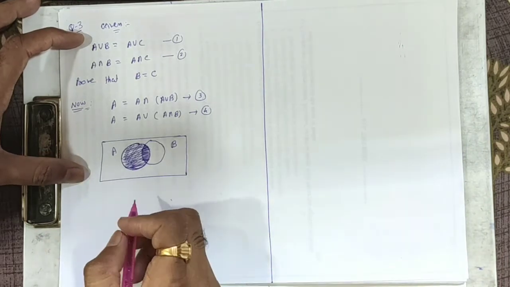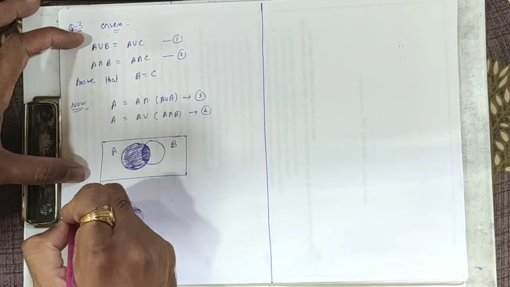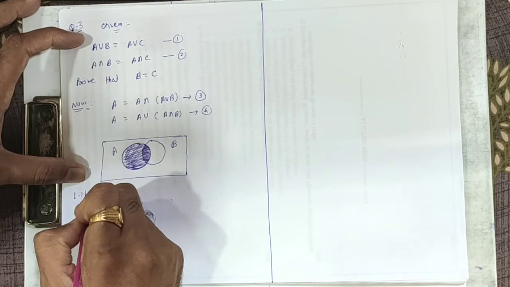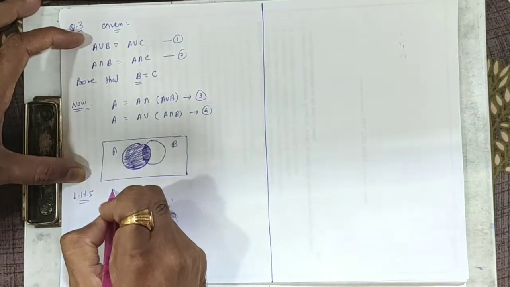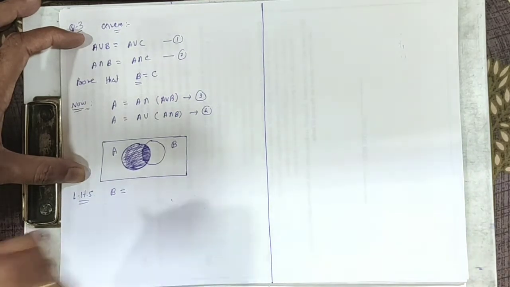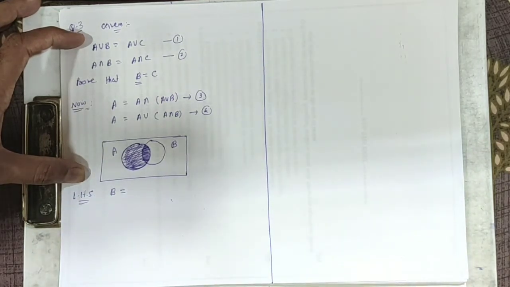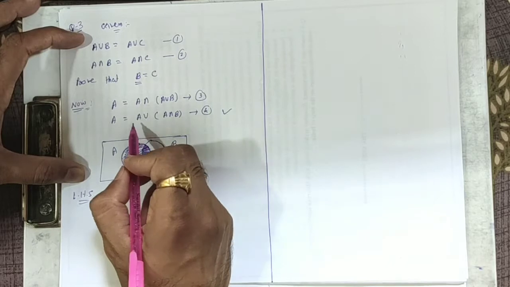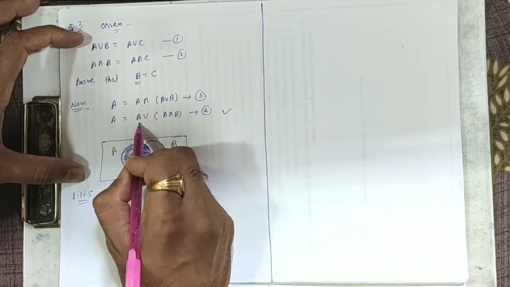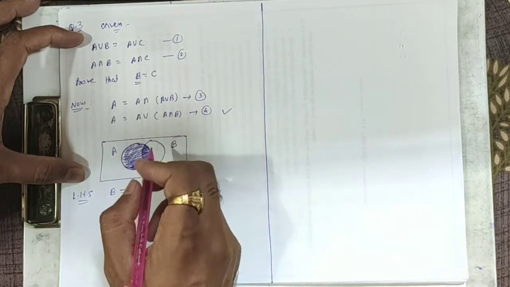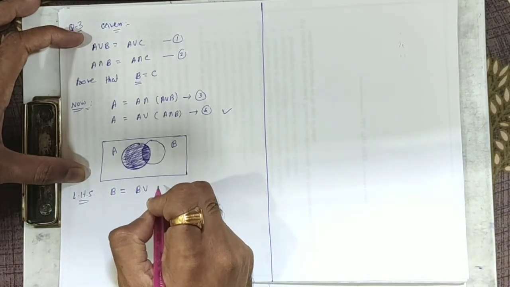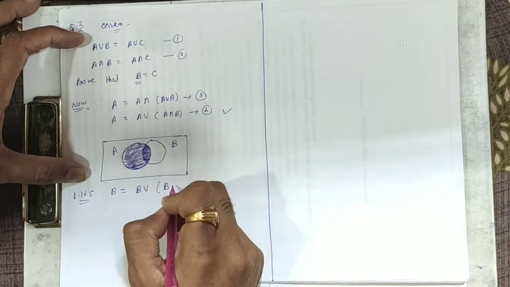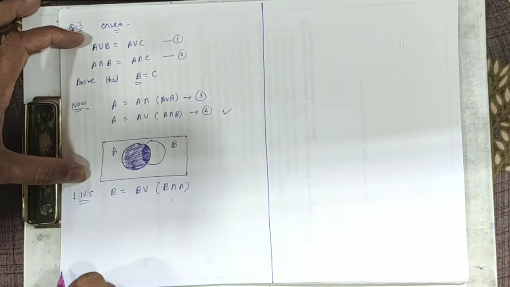So now we'll start with the given left hand side. Our given left hand side is set B. So B equal to, now we are using this result 4, as set A can be written as A union (A intersection B), set B can be written as B union (B intersection A).